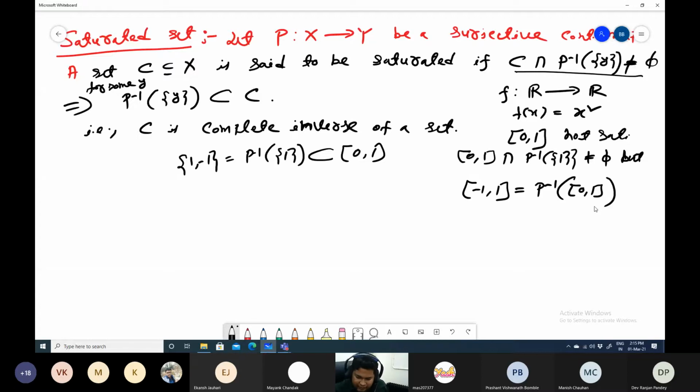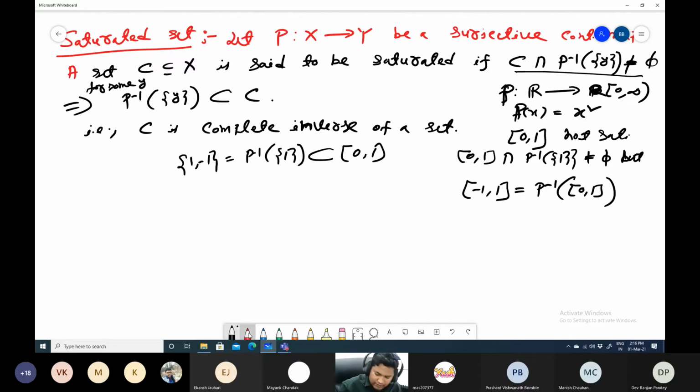Right, that's my f inverse. So in this case here it is saturated, though it is not surjective anyway. That is fine. How to take that? Then okay, we can take here 0 to infinity. Then it will be surjective. Okay, better to write that.